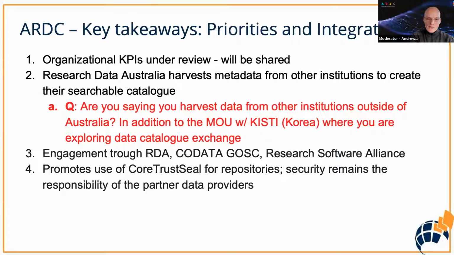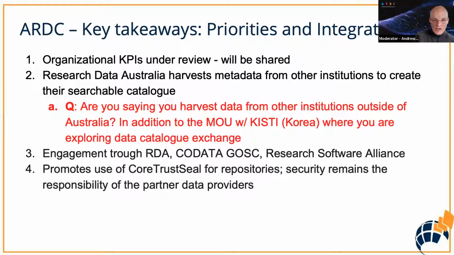In terms of our key priorities, we've got a set of organizational KPIs that we're reviewing. The main way we integrate with other data stores is we harvest metadata from other institutions to create a single catalogue. We engage externally through RDA. The Australian National Data Service was one of the founding organisations for the Research Data Alliance.